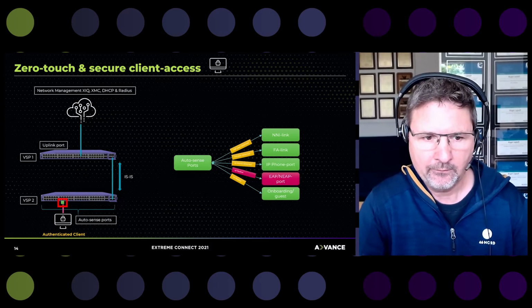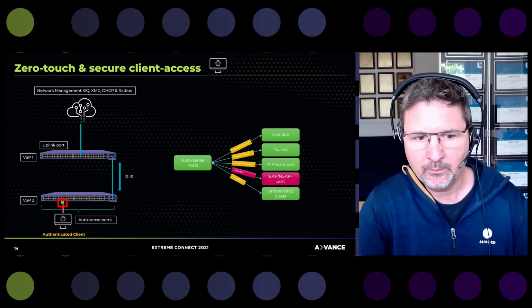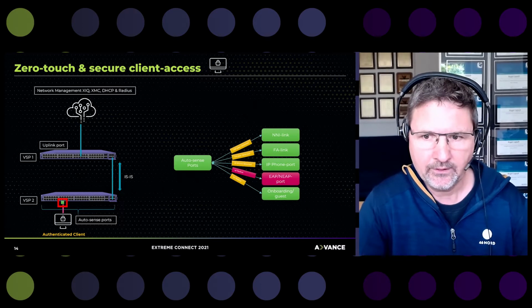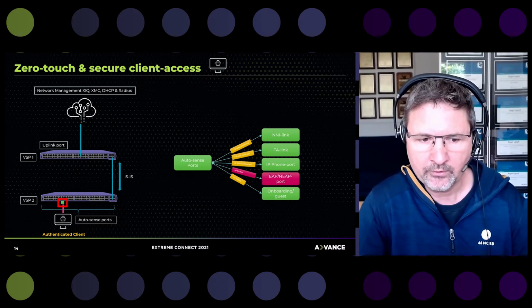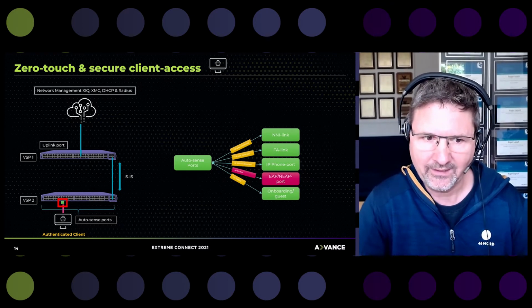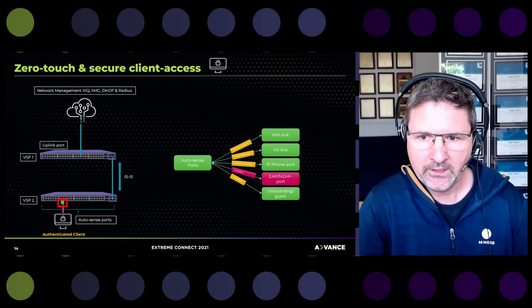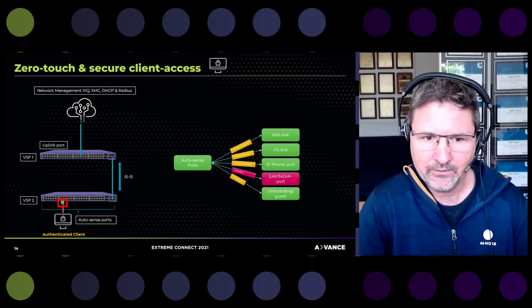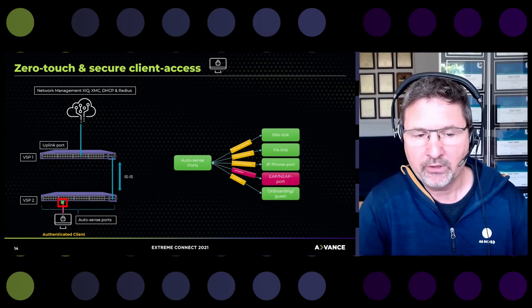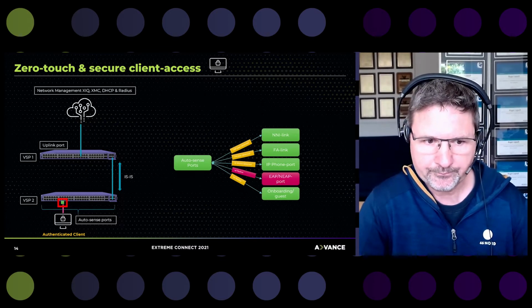Similarly, if a PC is connected, again, the PC is detected, Radius authenticated, and there is no configuration required on the port. The port detects what it is connected to, and it then assigns the necessary configuration automatically to the port.